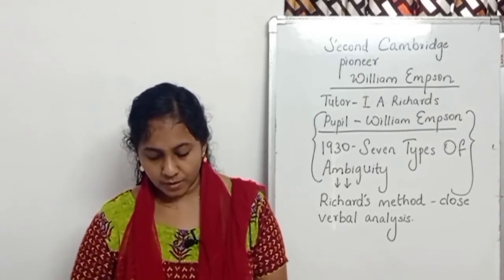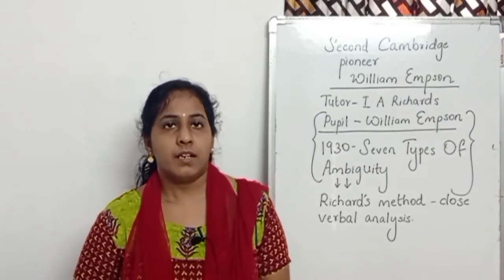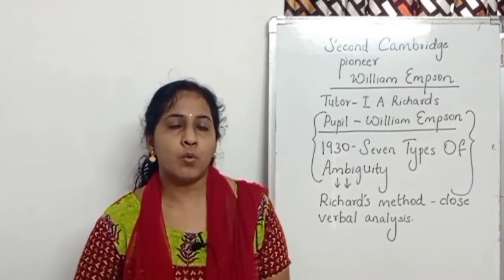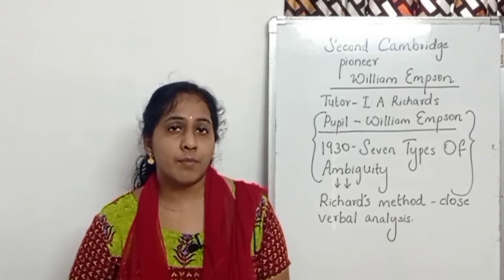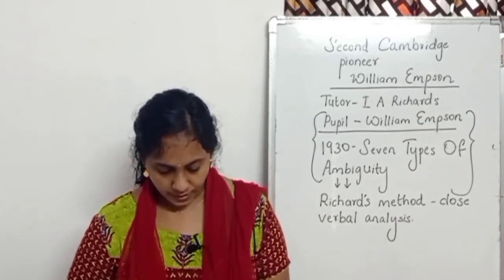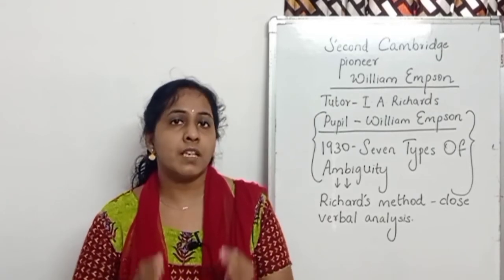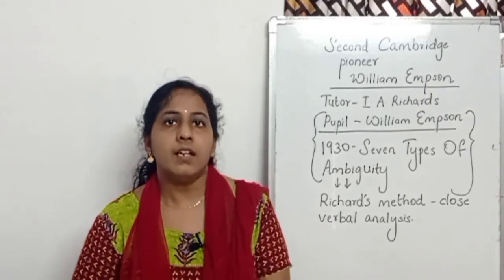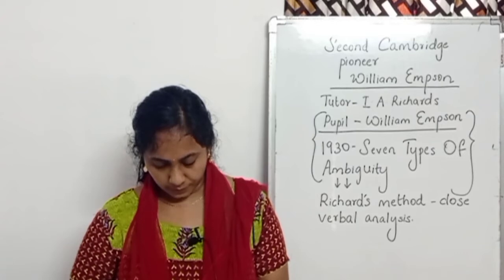When William Empson wrote a book, it was a manuscript, and the book was Seven Types of Ambiguity. He published the book in the 1930s, but the manuscript he first presented to his teacher, I.A. Richards.